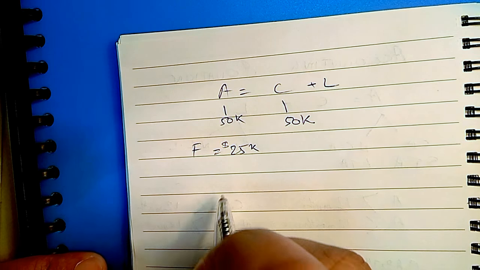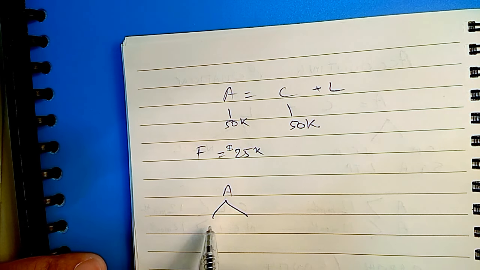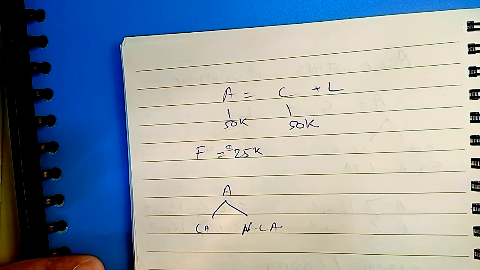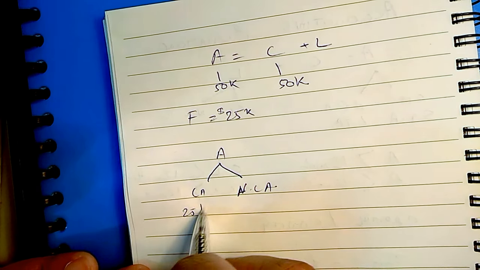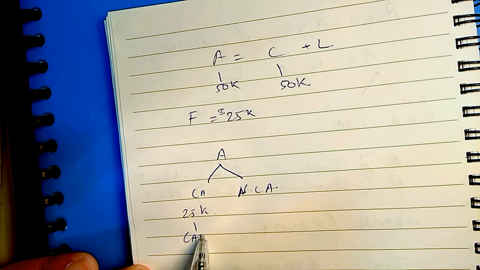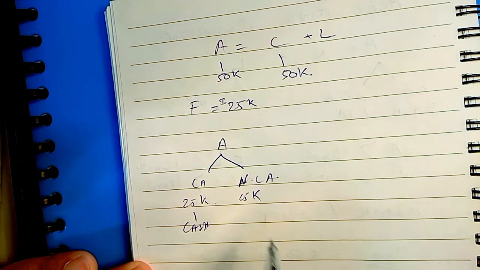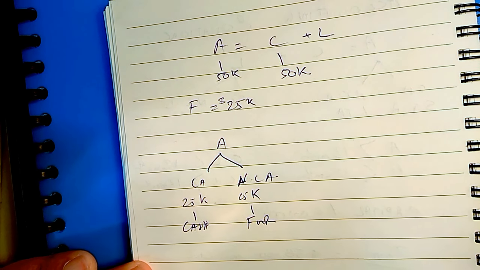So what happens? The assets are now broken down into current assets and non-current assets. For current assets, we have 25k, which is cash, and non-current assets is again 25k, which is furniture.